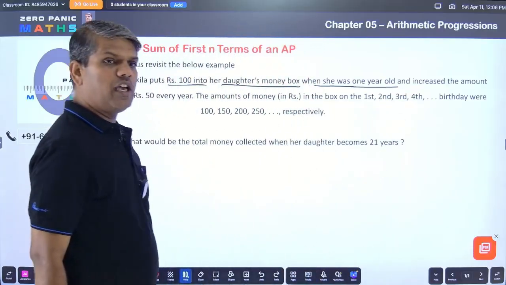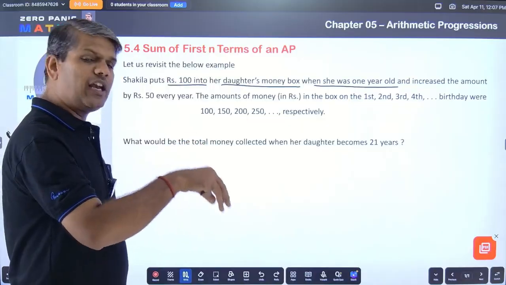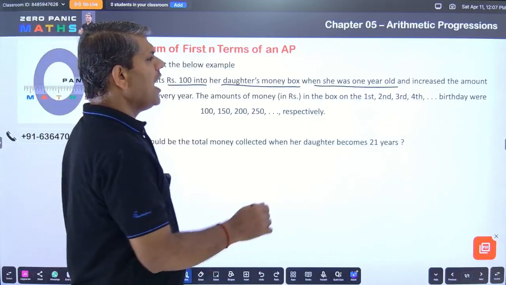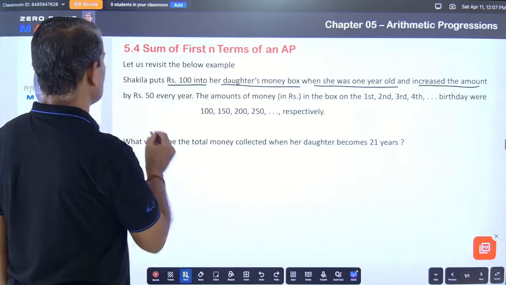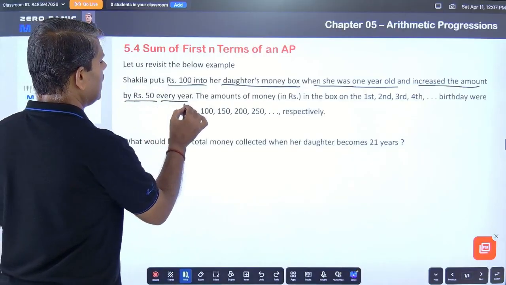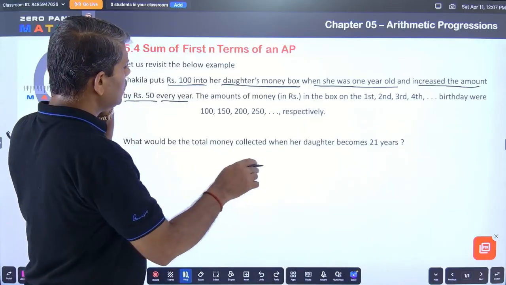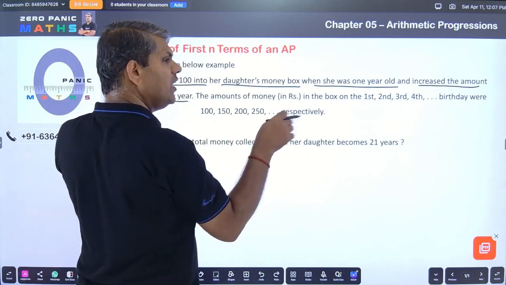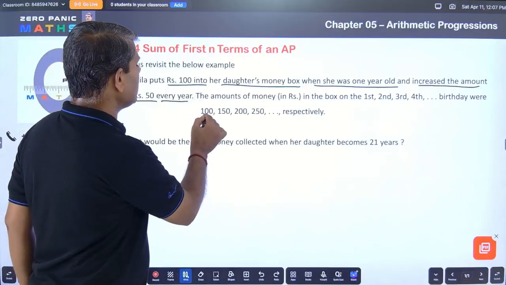She goes on increasing that amount by 50 rupees every year. So next year she puts 150 rupees, the next year 200 rupees. Every year she increases by 50 rupees, starting with 100 rupees.